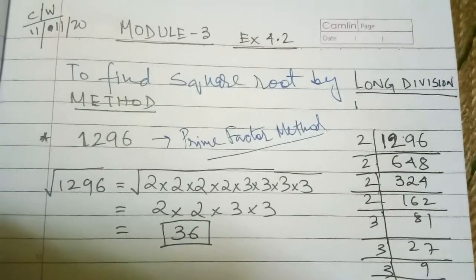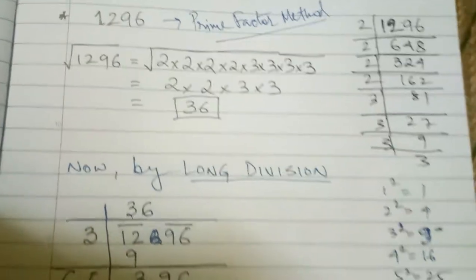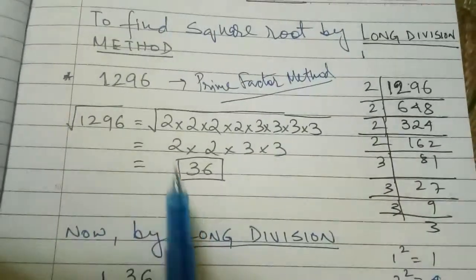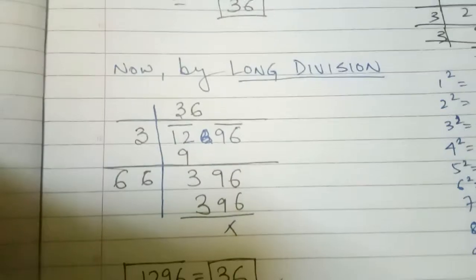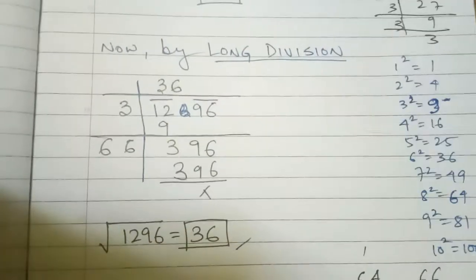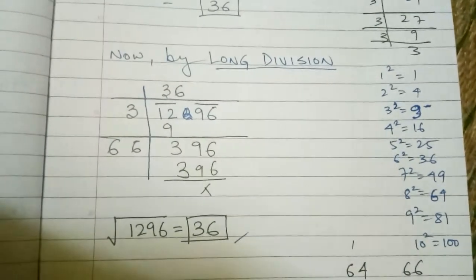But in the long division method, see, I've taken the same number, 1296.